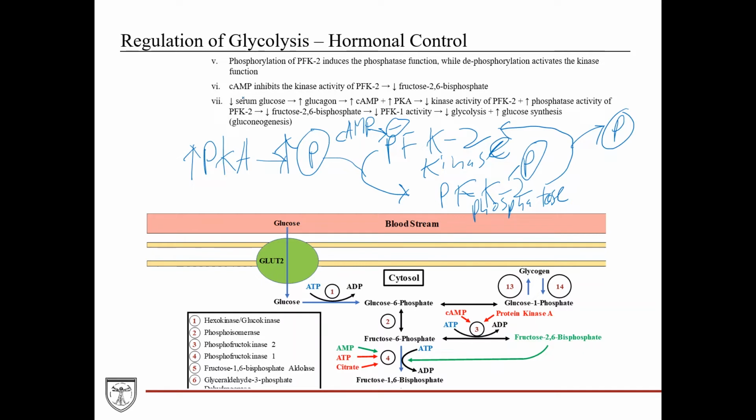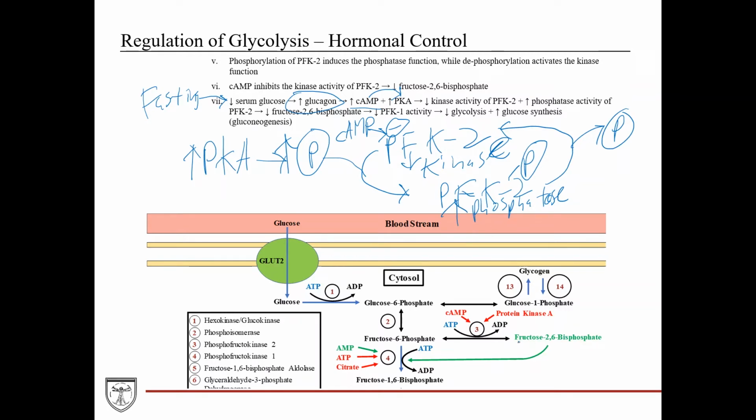So during the fasting state, you have decreased serum glucose. This is during fasting. Increased glucagon, which again is the source of all this. And you're going to have, like I said, increased cyclic AMP, and this is going to lead to increased PKA. And then that's going to, as I've explained here, decrease the kinase activity and increase the phosphatase activity of PFK2.